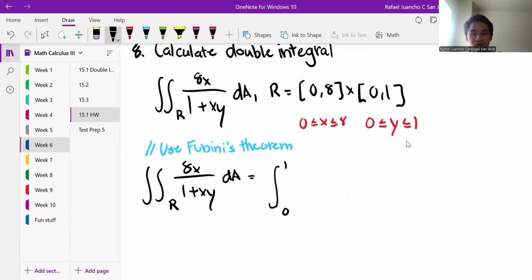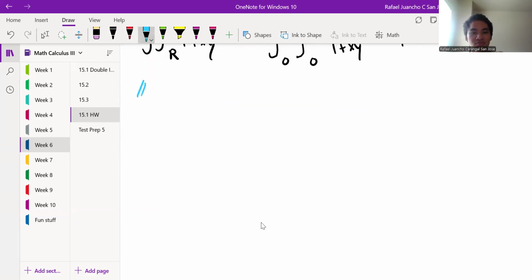So this one's for y, this one's for x. So once we set up the iterated integral, we're good to go. Right?